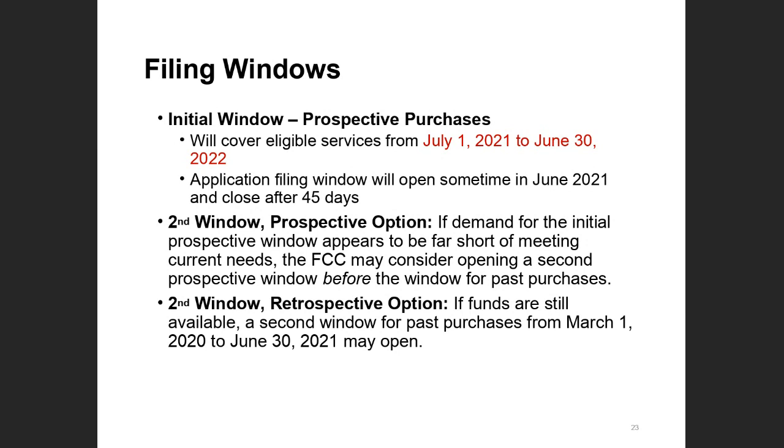I think most, if not all, applicants will be fully funded. I'd say if we get to that second retrospective window for past purchases, that window is probably going to exhaust all available funds because so many school districts were doing one-to-one device programs. I just don't see it lasting beyond that.